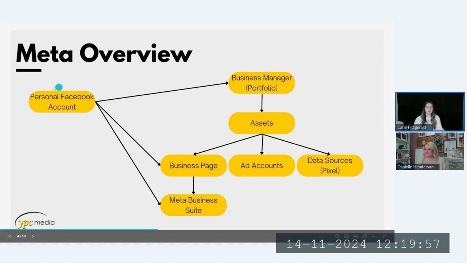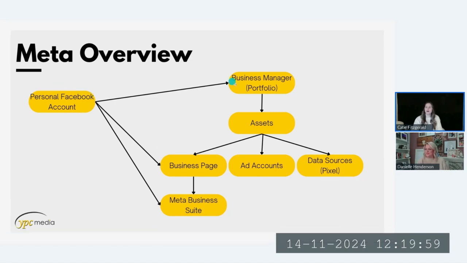Then we went back to our personal account, and I showed you all how to go over to the business manager, the business portfolio. So that's all of your admin and assets. And that's where we just finished up, was looking at all of our different assets. So you saw the business pages, the people, the partners, the ad accounts, and the Pixel catalog and all of those. Perfect.